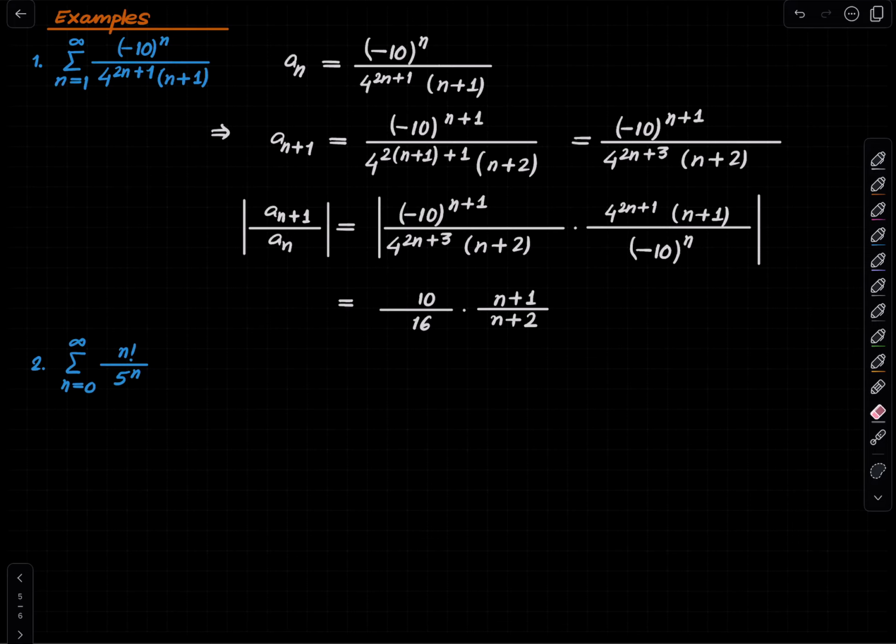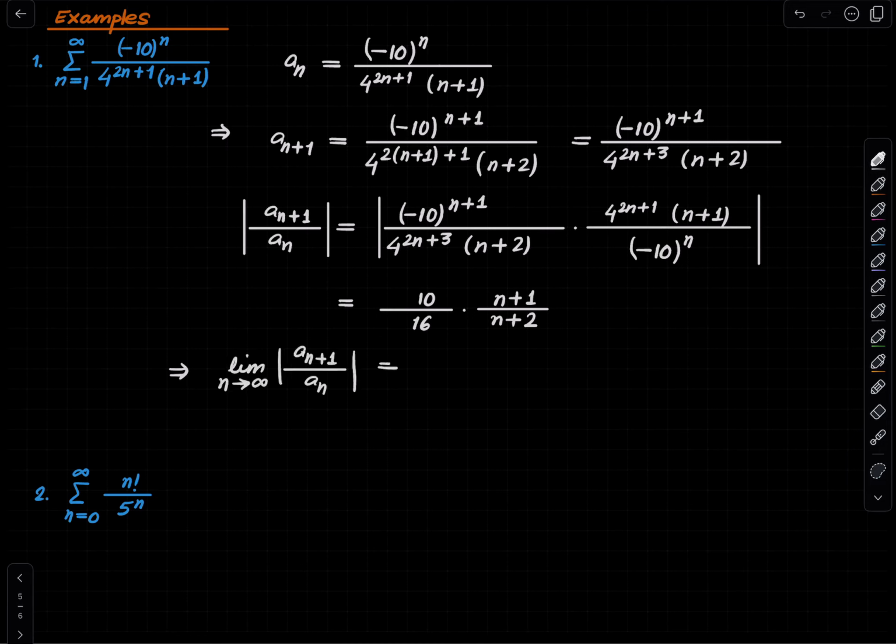And clearly, in the limit, we need to take lim sup, but in fact, we see that the limit of this ratio is equal to 10 by 16, which is less than 1. Since the limit exists, the lim sup also exists. I mean, lim sup is equal to the limit and is less than 1. So by the ratio test, this is a convergent series.